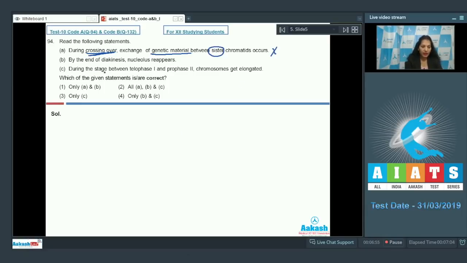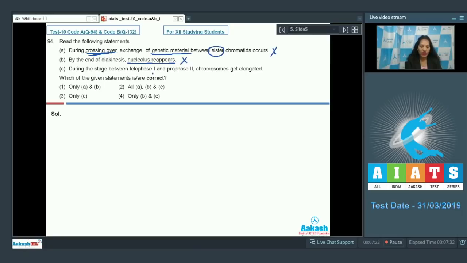Second, B, by the end of diakinesis, a nucleolus reappears. No, by the end of diakinesis, the nucleolus disappears, because diakinesis is the substage of prophase 1, and at the end of prophase 1 the nucleolus disappears, and in telophase it reappears. So this statement is wrong.